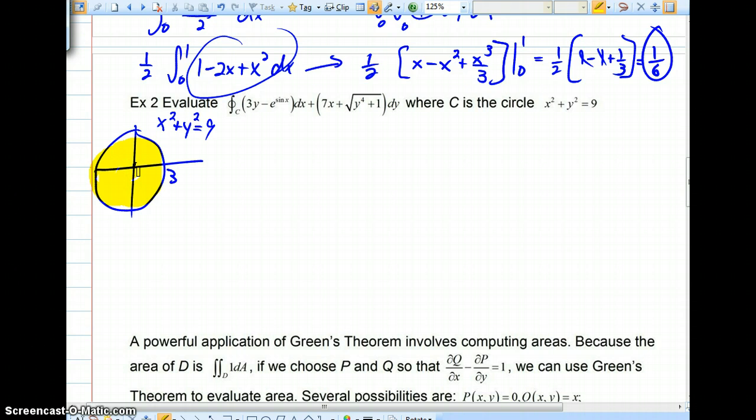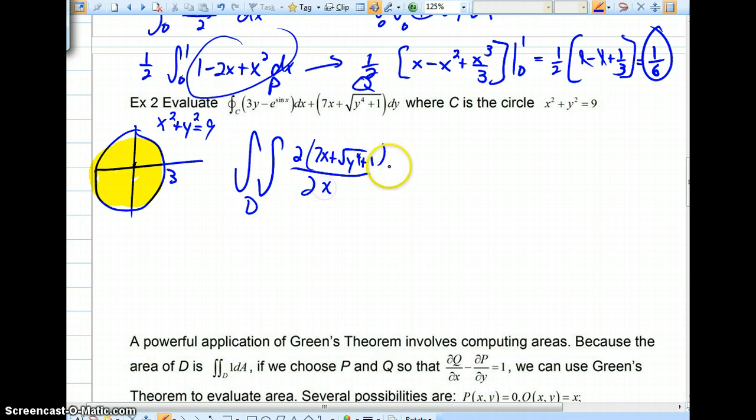Real quickly, is it okay to do Green's theorem? And the answer, I hope, is a resounding yes. Positive orientation. It's a closed curve. We're good. Let's integrate over this region D. I'm going to take my partial derivative of Q with respect to x.